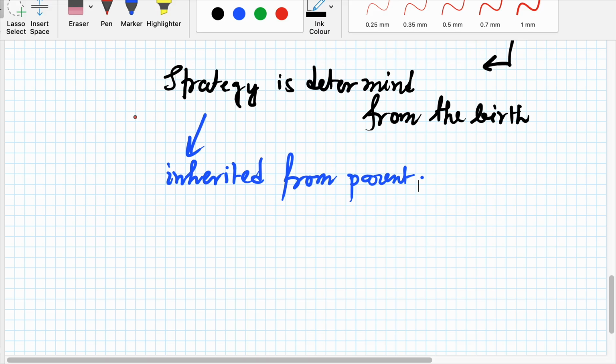It doesn't matter whether the strategy is a deliberate process of thinking, or it is inherited from parents, determined by birth.